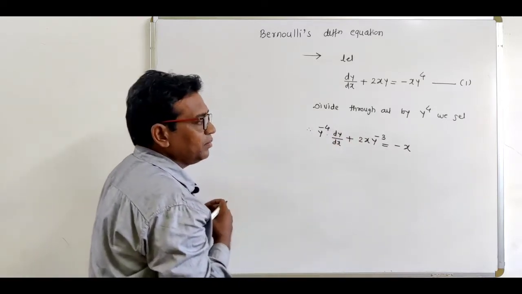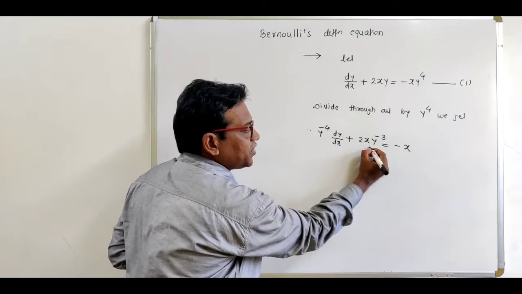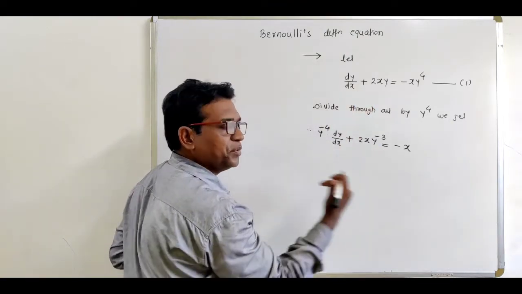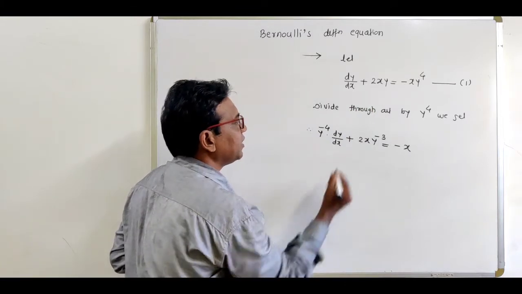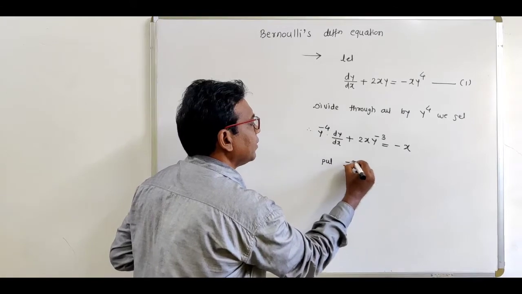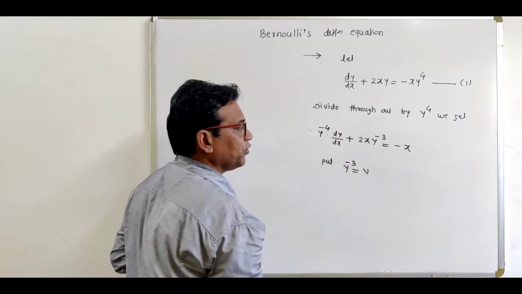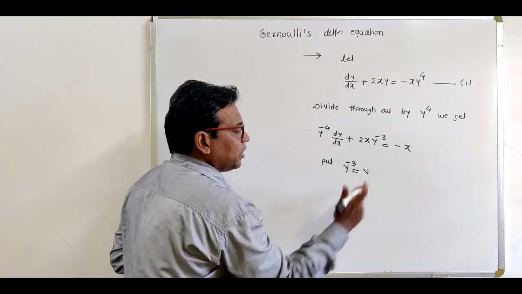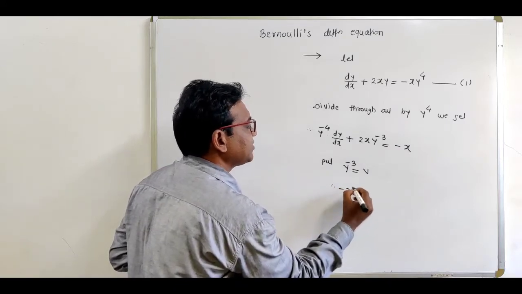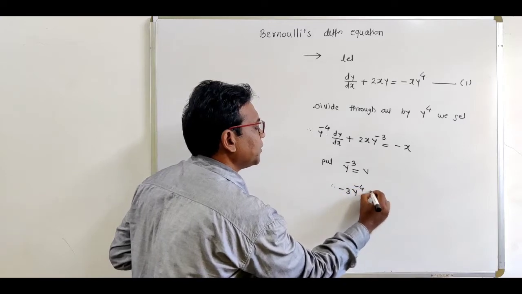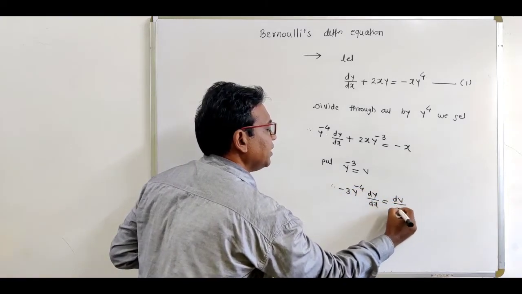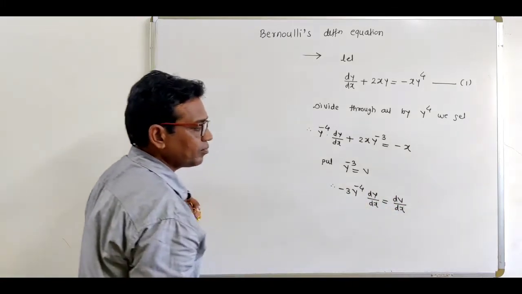Now what is the next step? Just put this coefficient equal to v and convert this Bernoulli's differential equation into a linear differential equation. So write down, put y raised to minus 3 is equal to v. Differentiating both sides with respect to x, we get minus 3 y raised to minus 4 into dy by dx is equal to dv by dx.